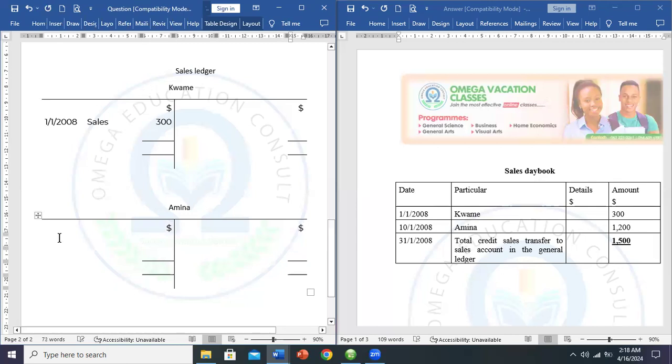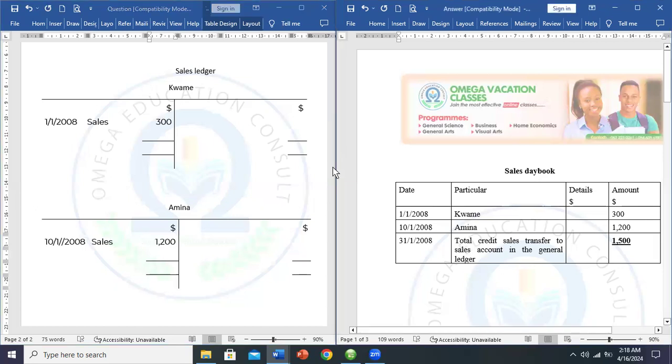we also have a debit entry on the 10th of January 2008. Narration will be sales. Amount is 1,200. So we have done the individual entries, what is left is the totals, which will go into the general ledger.